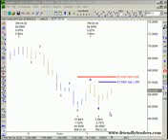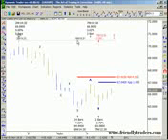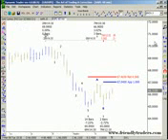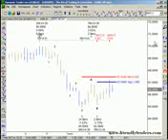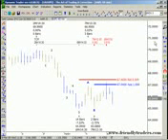Now let's look at the typical wave C time target. We start with the typical time target for a corrective rally. That's the 38.2% to 61.8% time retracement zone of the March 2nd to March 6th decline, which is March 7th through March 8th.